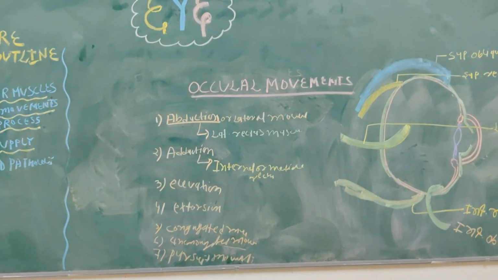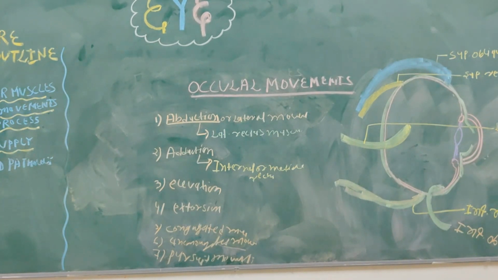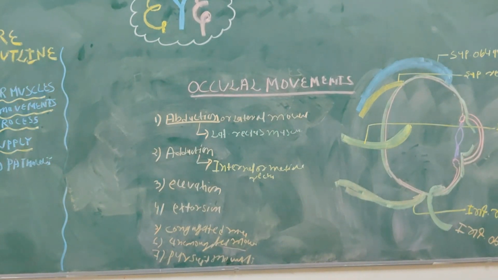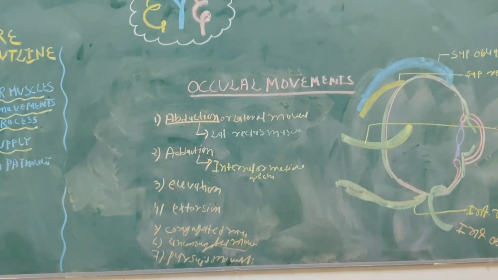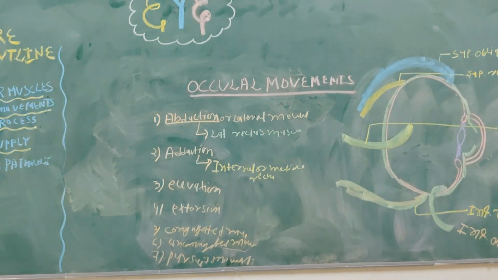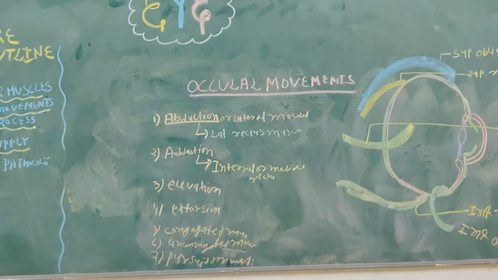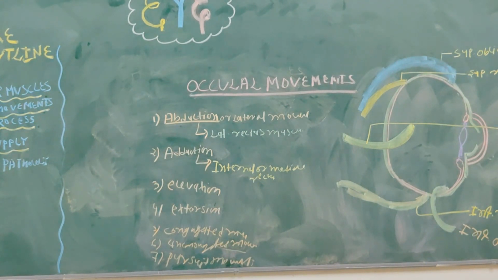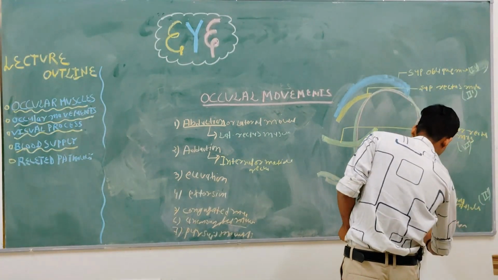Then the superior oblique is supplied by cranial nerve 4. Then the lateral rectus muscle is supplied by cranial nerve 6, that is the abducent nerve. Then the inferior rectus is supplied by cranial nerve 3. Then the inferior oblique is supplied by cranial nerve 4.